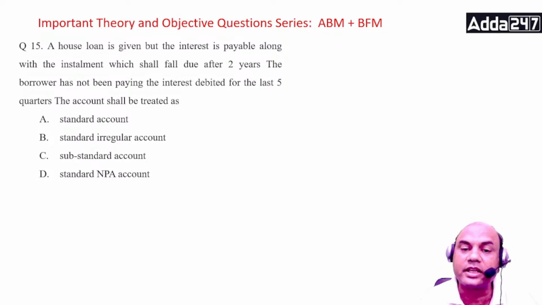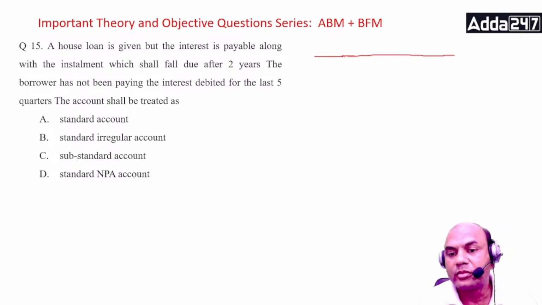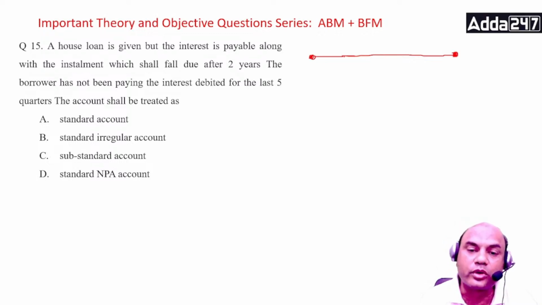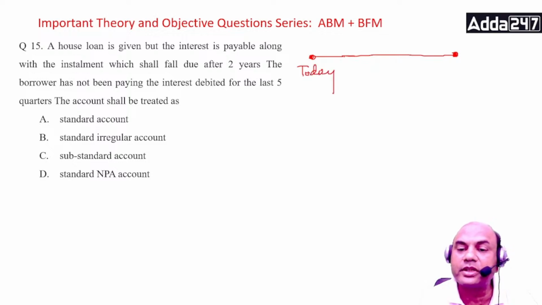This is known as which period? Moratorium. So this is a moratorium period. Today I have given the loan, but the EMI will start after 2 years.